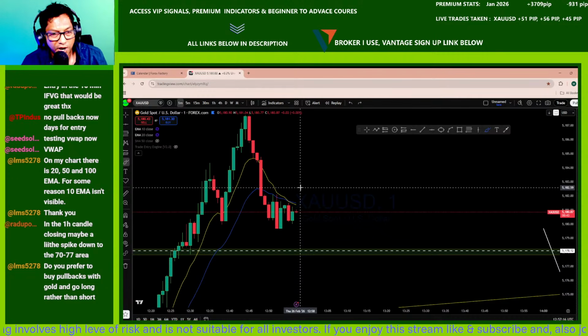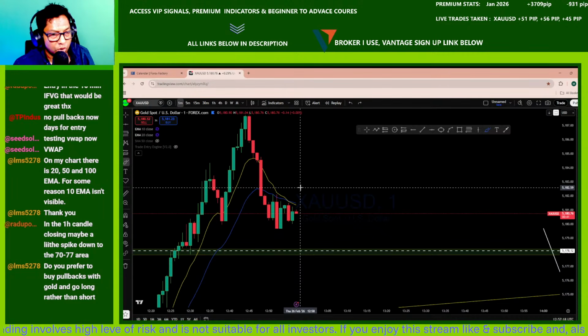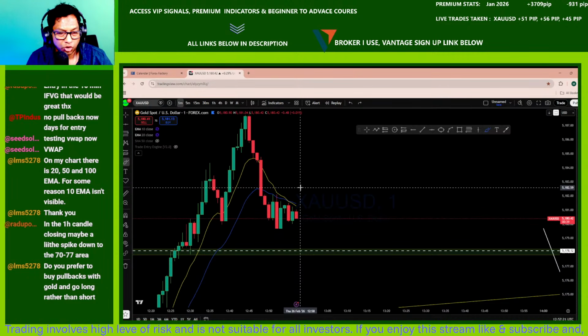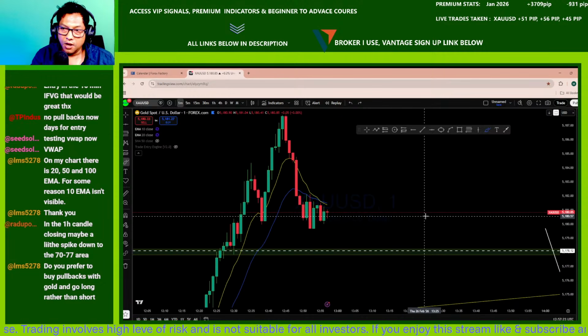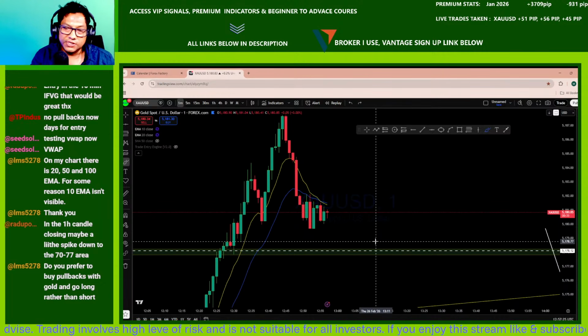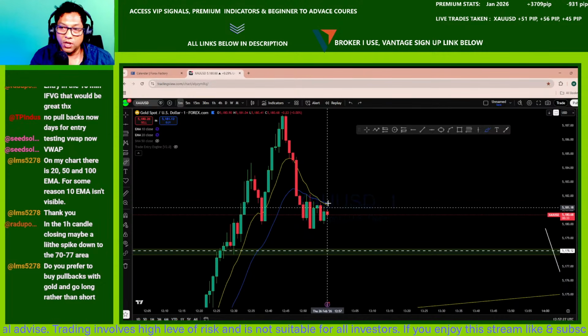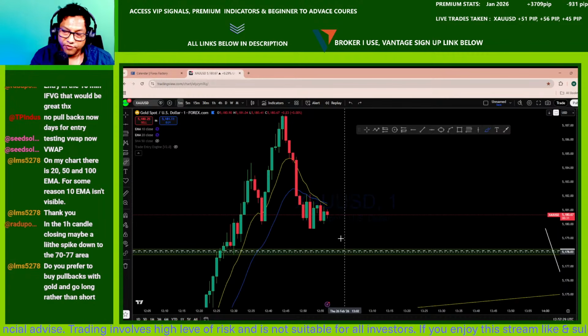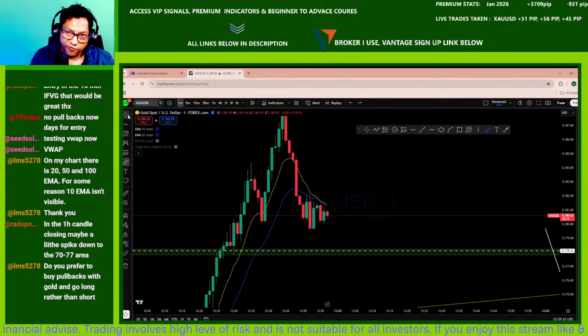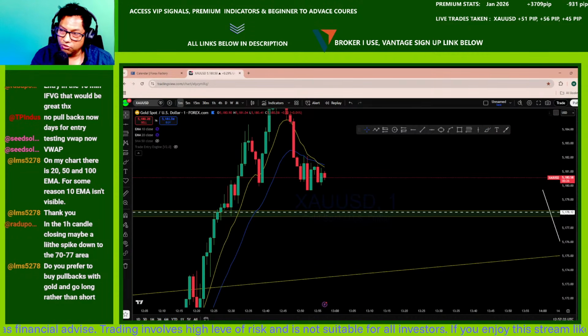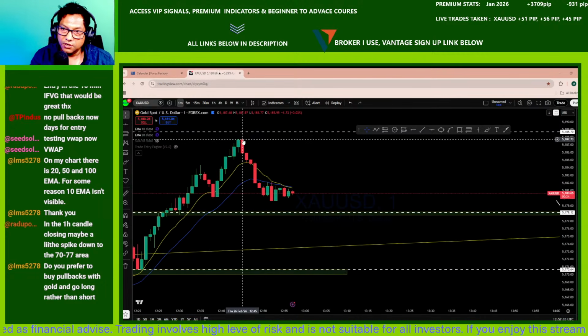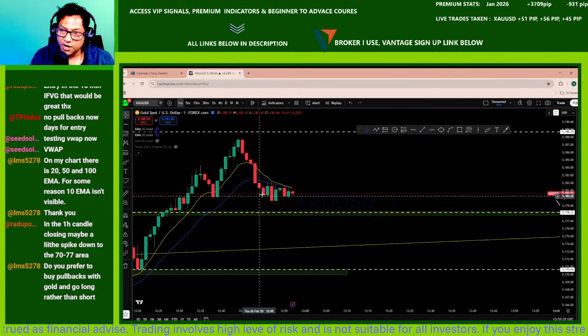Do you prefer to buy pullback with gold or go long rather than short? I would look still for going long once the market has done enough false breakout in that direction. So if you look at here, you see that drop, sideways market.